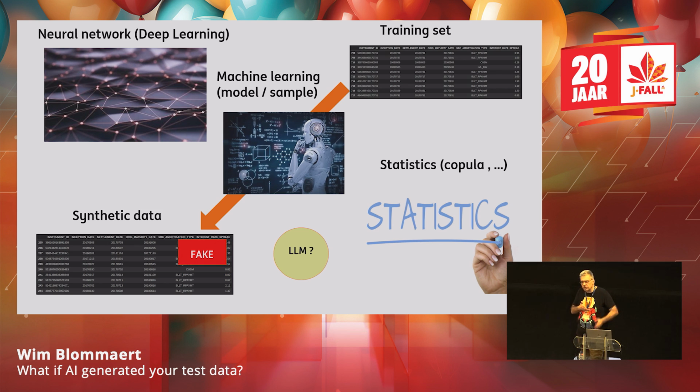Most of the time we will use statistical algorithms, and they are very compute friendly. You can actually run that on your laptop. And a training set of 10,000 rows is more than enough. Sometimes it even works on a few thousand, but typically 10, 20,000 is more than enough.